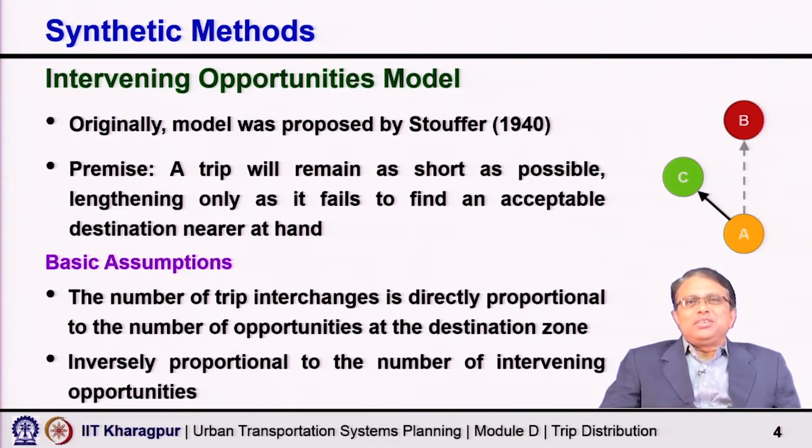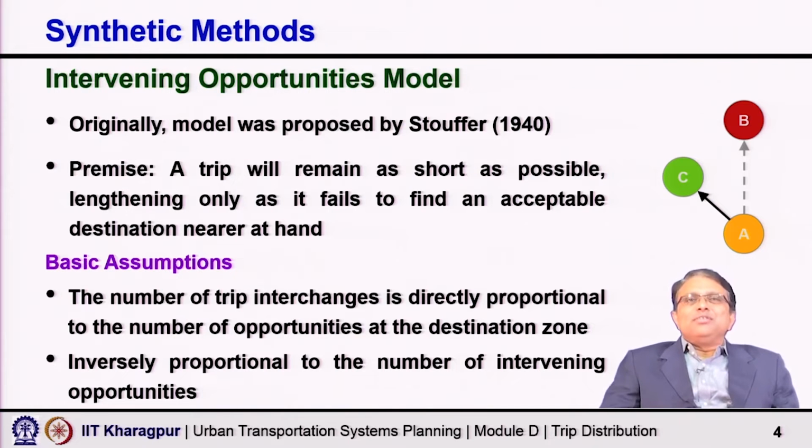Just imagine near a suburban railway station, a lot of new housing has come up and you can easily get a flat on rent. Where more such flats are available, more trips will terminate there. So, the number of trip interchanges is directly proportional to the number of opportunities at the destination zone. The more the opportunities in the destination zone, the more trips are likely to terminate there.